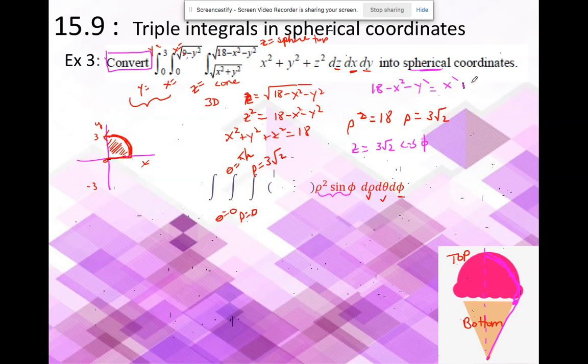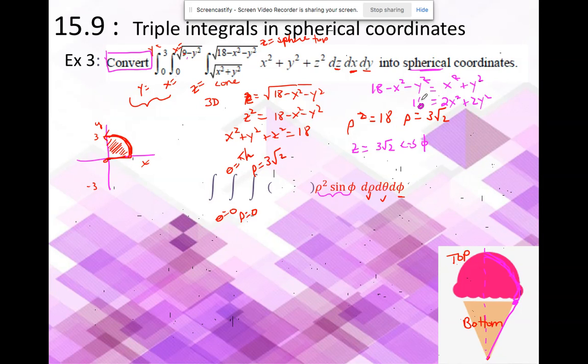After I get rid of the radicals, 2x squared plus 2y squared is going to equal 18.